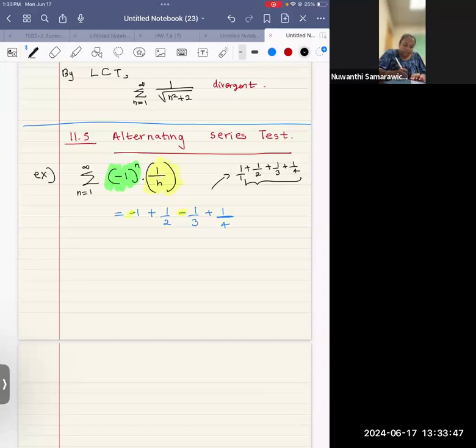alternating series. So the sign is alternating. If the sign is alternating, then we call that an alternating series.